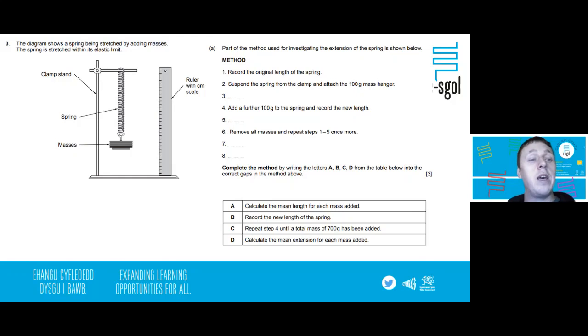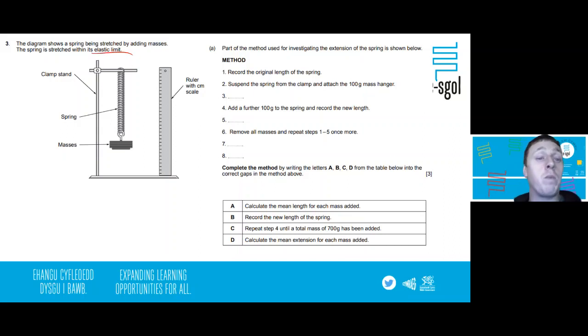Question 3 now, the topic is springs. Clearly in the diagram, you should be thinking 6.3, work and energy, and similarly things such as Hooke's law. So we have a diagram that shows a spring being stretched by adding masses. The spring is stretched within its elastic limit.